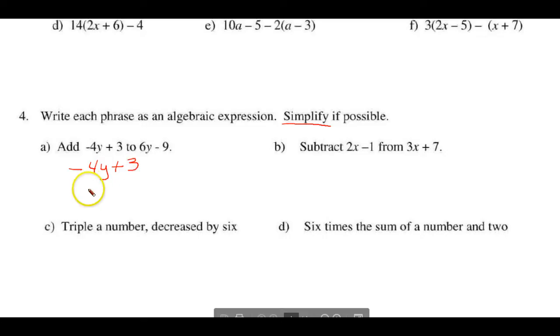We just want to deal with strategy. And we're adding it to this, so we can just put it right here. Plus 6y minus 9. Now we've put them in like term columns. We just add them up. 2y minus 6. Now the key to all this is that you want to be sure you have the right answer.